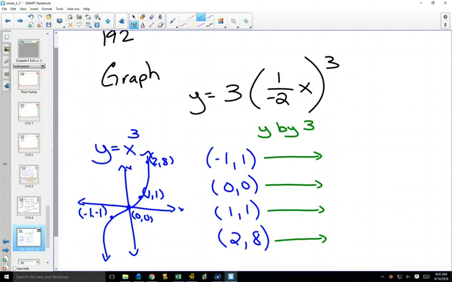The next thing we run into is the 1 over -2. That's inside the cube, so it's going to affect the x. And things that affect the x are going to be reciprocal, so we're going to multiply by -2, because if you flip that fraction, it's -2 over 1. And now we can see where those points end up.